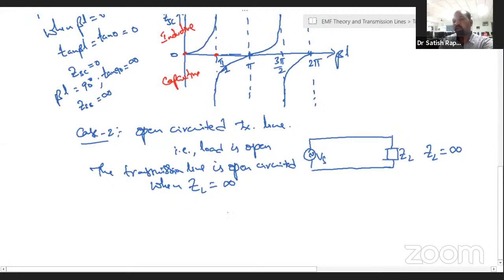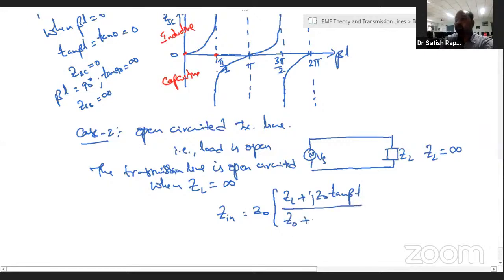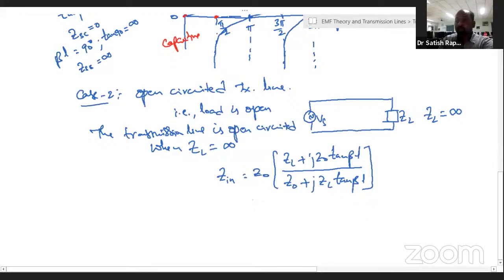So for this case also, let us try to determine the input impedance. Zin is equal to Z0 times (ZL plus j Z0 tan beta L) divided by (Z0 plus j ZL tan beta L). This is the formula for input impedance, as we know. Now ZL is infinite, so let me take ZL common from both numerator and denominator.